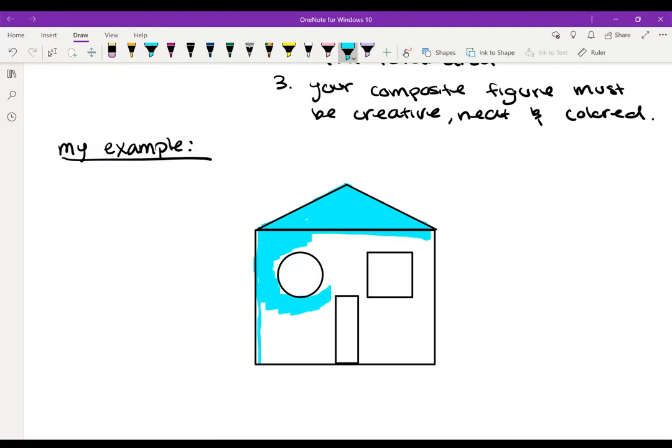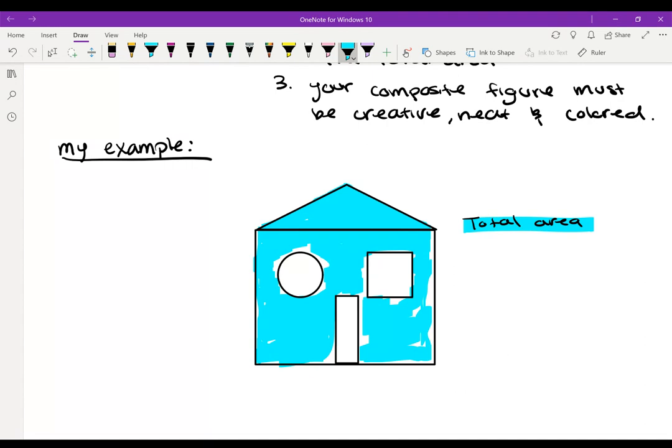So I'm going to subtract that area, subtract that window, subtract the door. So that's the total area I'm going to be finding. Okay. So in order to do this, I need to find the individual areas.